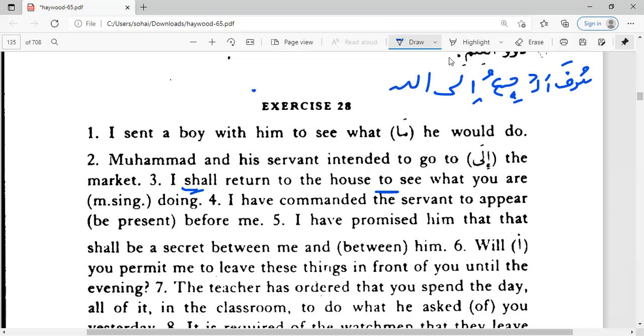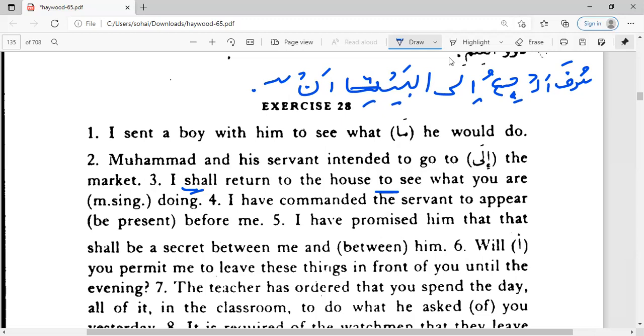Ilal bayti, yeah. To the house. An, yes, that's good. An nazartu.